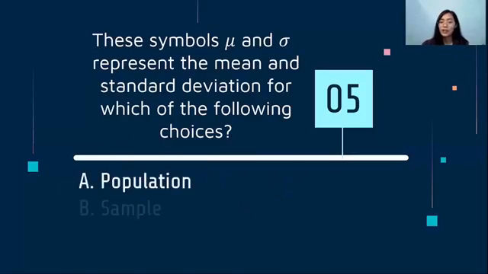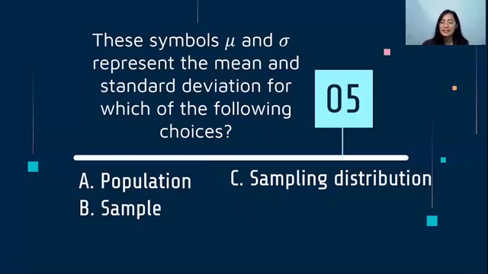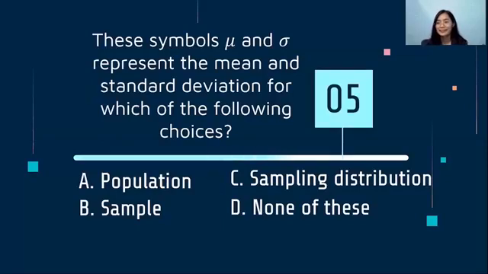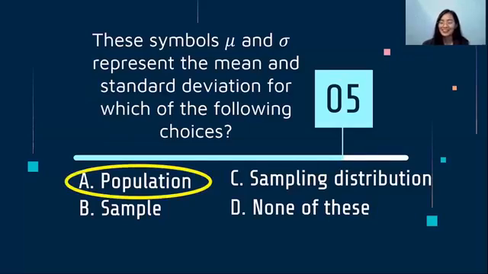Is it A, population, B, sample, C, sampling distribution, or D, none of these? All right, so you may start answering now. All right, time's up. If your answer is A, population, then you are correct.